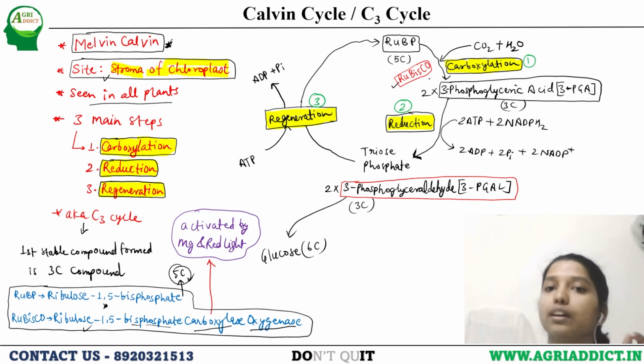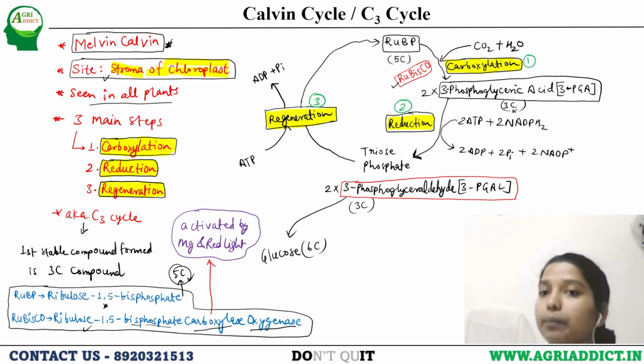When the carboxylase part functions, like when carbon dioxide concentration is more in the chloroplast, then this RuBP will combine with CO2. This carboxylation will take place in the presence of rubisco. Then two molecules of 3-phosphoglyceric acid, or 3-PGA, will be formed.